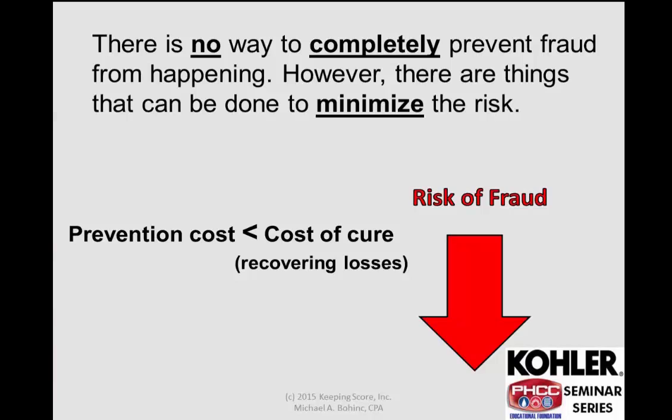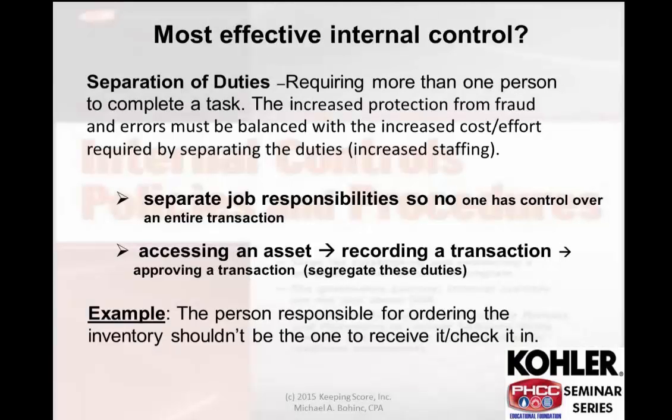The most effective internal control that we can implement into our company, not just for inventory, but any internal controls, is the separation of duties. And the separation of duties essentially means that you require more than one person to complete a task. So let's take inventory control, for example. At the bottom of this slide, the person responsible for ordering the inventory shouldn't be the one to receive it and check it in.